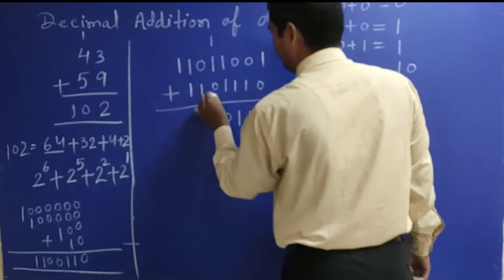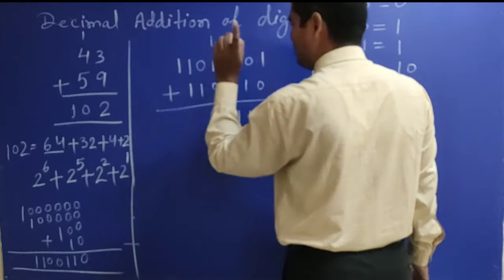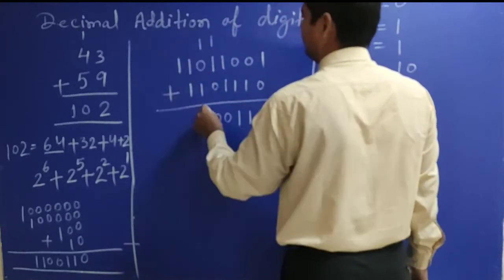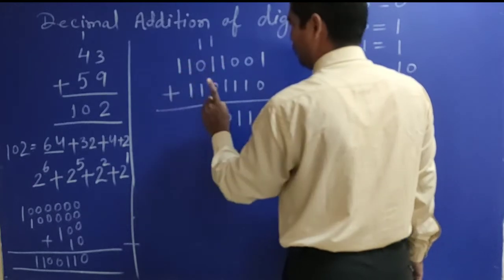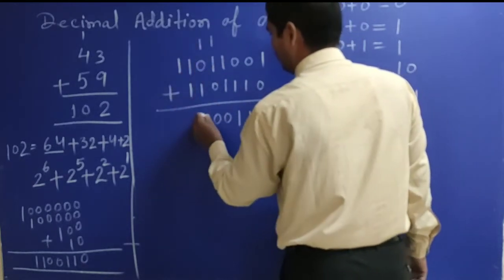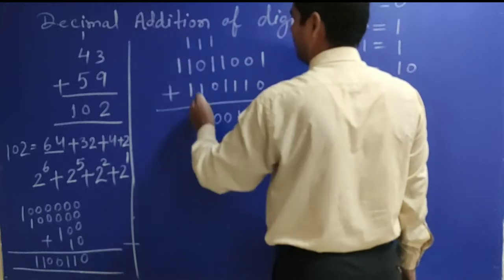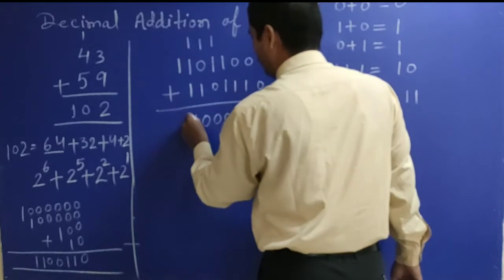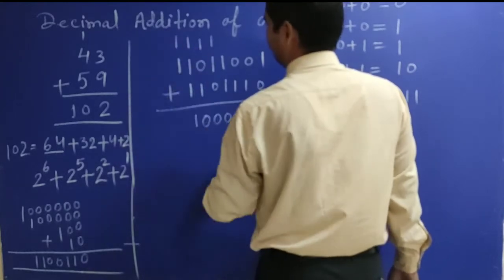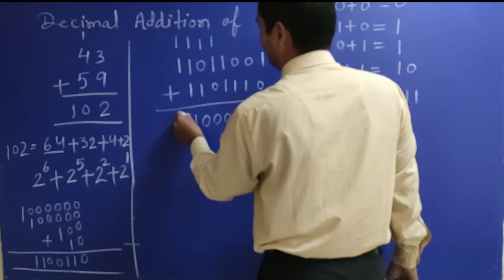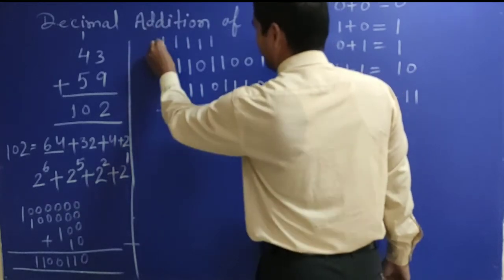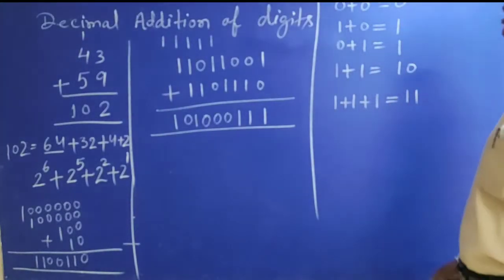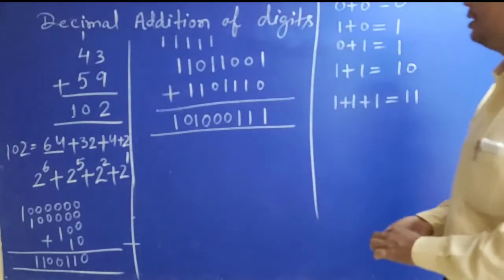Then 1 plus 1 plus 0, 0 plus 1 means 1, and 1 plus 1 is 0, carry 1. 1 plus 0 is 1, and 1 plus 1 is 0, carry 1. 1 plus 1 is 0, and 0 plus 1 is 1, carry 1. 1 plus 1 is 0, and carry 1, that will come here. So in this way, you can add binary digits.